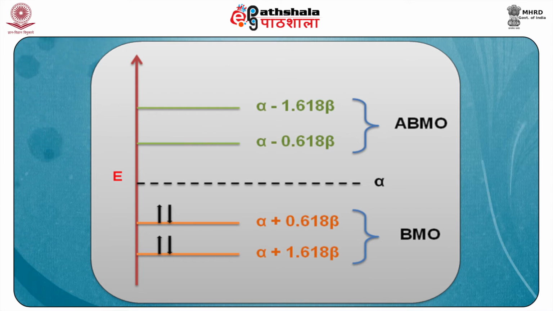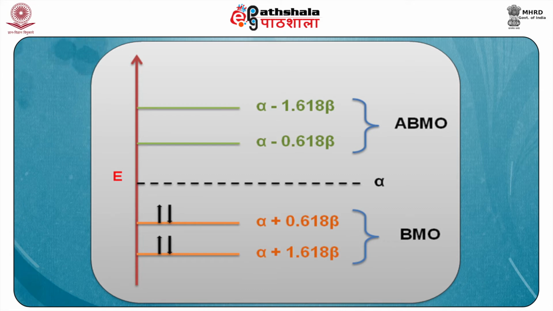And the next 2 pi electrons will go to the bonding molecular orbital with energy equal to alpha plus 0.618 beta. This gives us an overall HMO energy level diagram for butadiene.